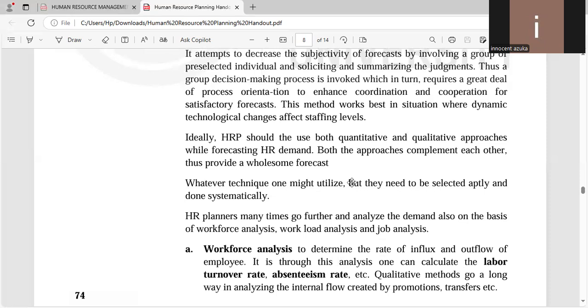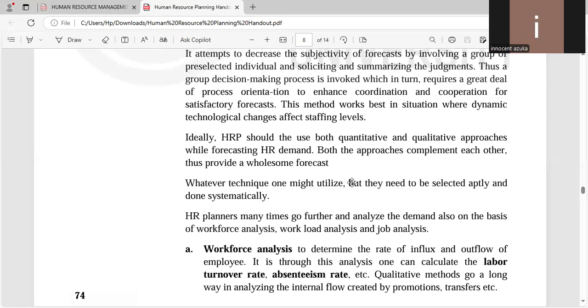Ideally, human resource planning should use both quantitative and qualitative approaches while forecasting human resource demand. Both approaches complement each other, thus providing a wholesome focus.